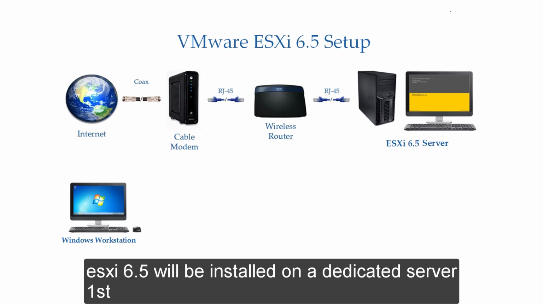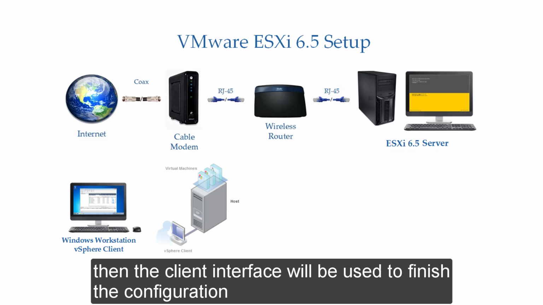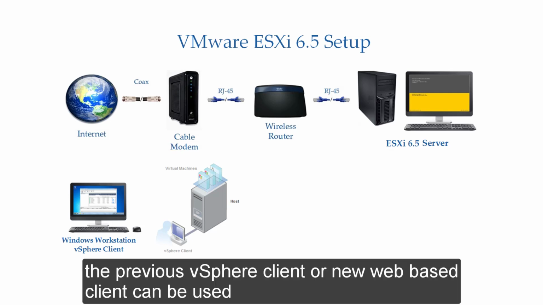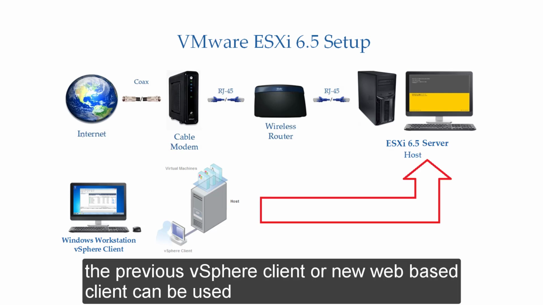ESXi 6.5 will be installed on a dedicated server first. Then the client interface will be used to finish the configuration. The previous vSphere client or new web-based client can be used.